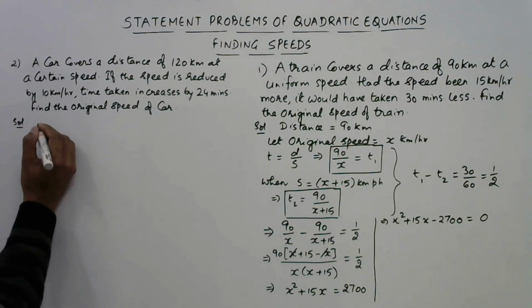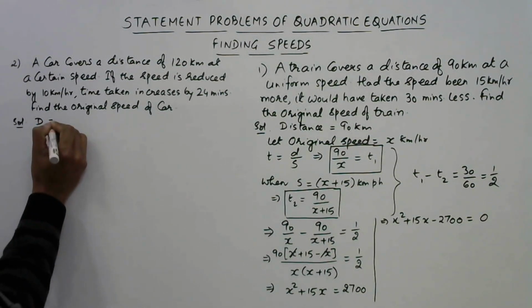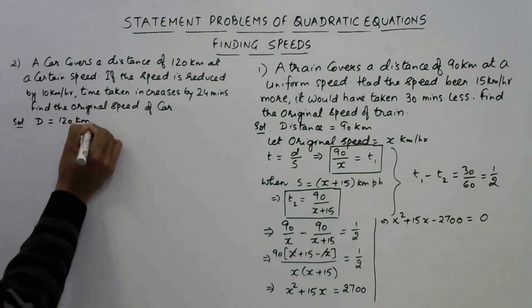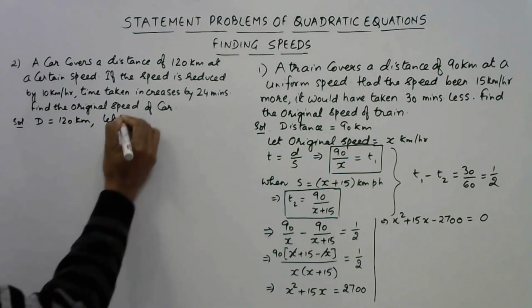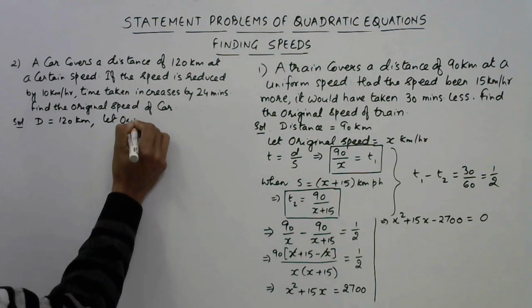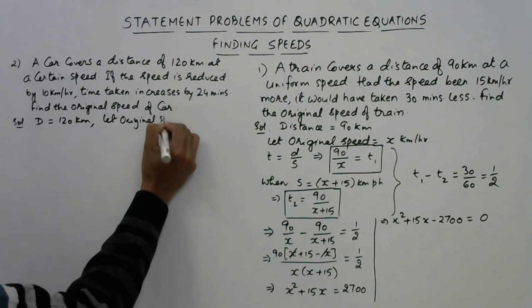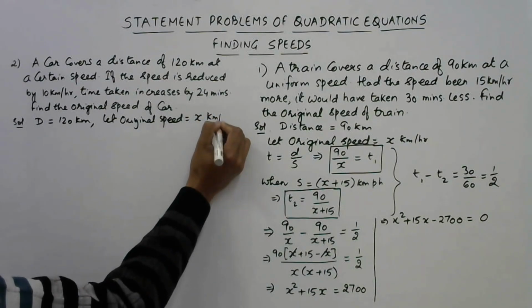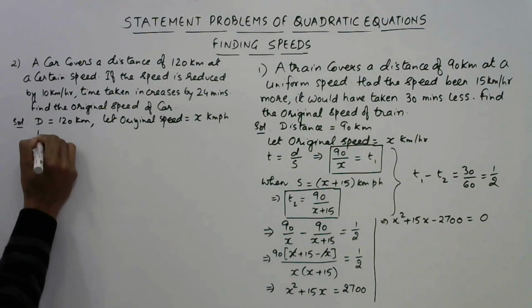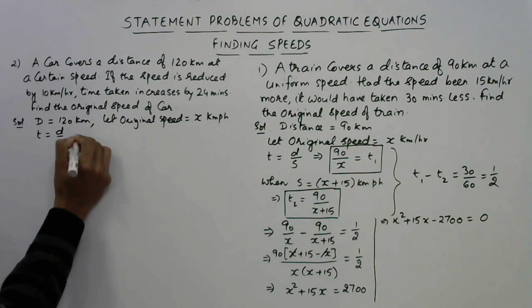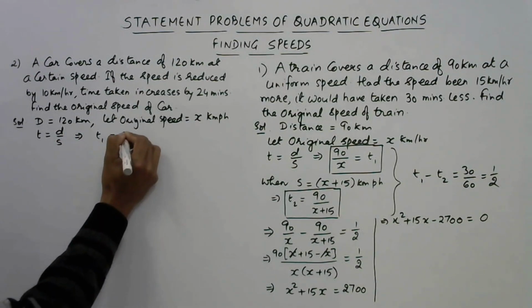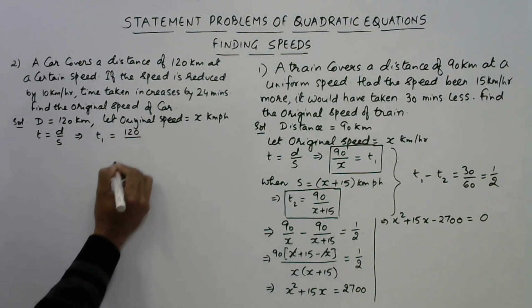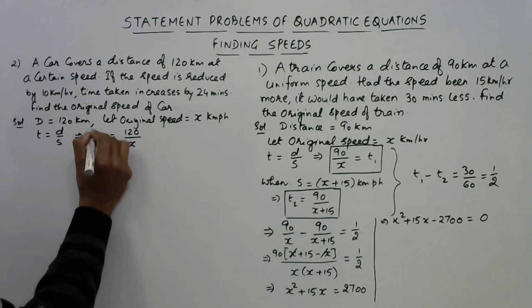Now in this case, distance is given as 120 kilometers and you have to assume, so let original speed is equal to x kilometer per hour. Again, you use the formula time is distance by speed. So you get time T1 as distance is 120 and speed is x.